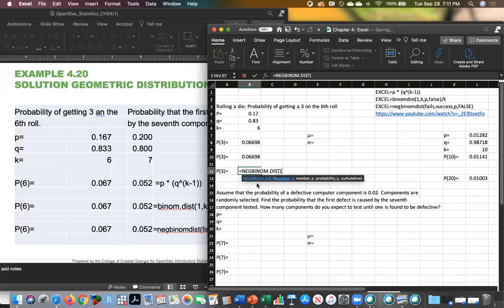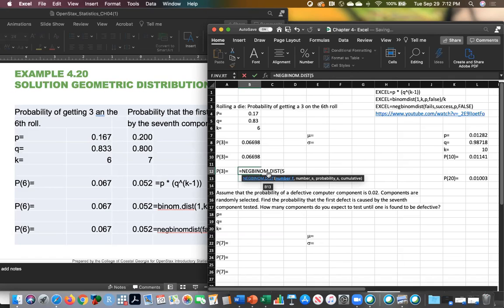So it's going to ask me for the failures. So 5 are going to be the failures, and 6 is going to be the success. So the number of failures before I get the success, in this case, because K is 6, is going to be 5, right?